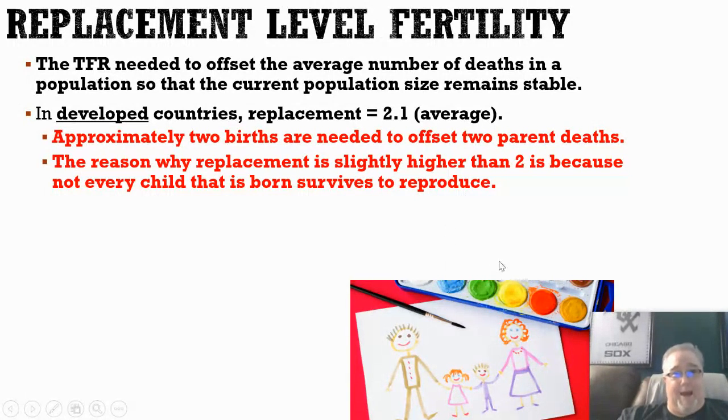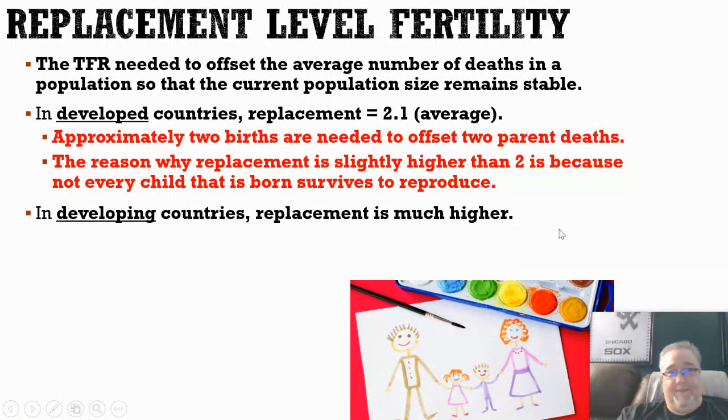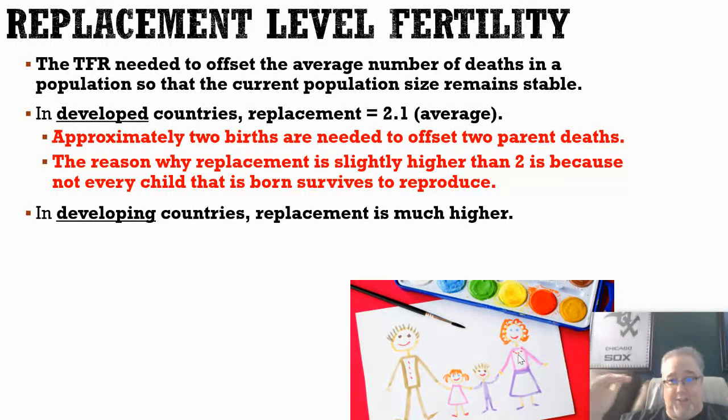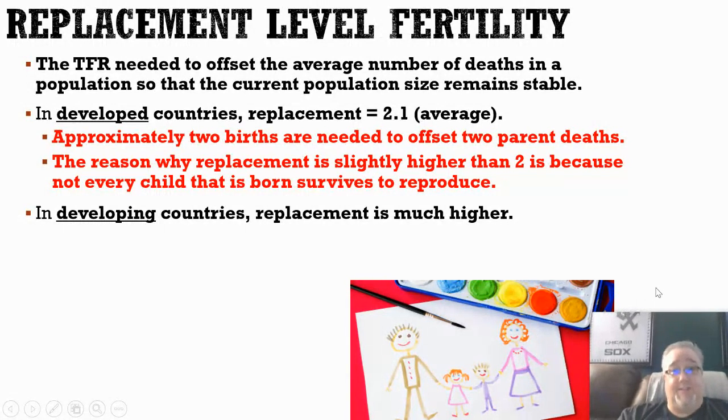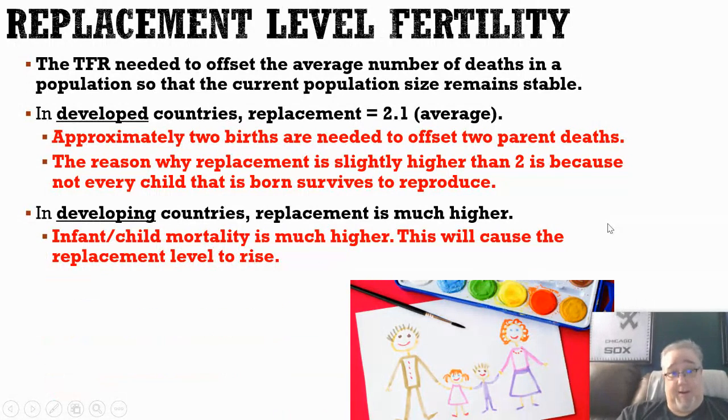Now, imagine if it was a developing country. Let's say, here's our family here. Let's say this is a family in Nigeria. How many kids would they have to have to offset, again, the two adults that are going to die eventually? Well, the thing is, in a developing country, the infant mortality rate is so much higher.